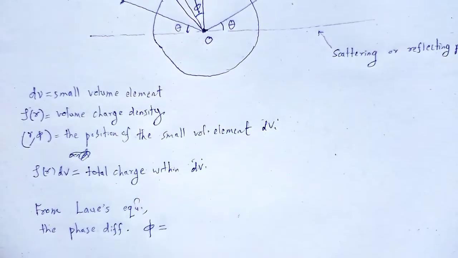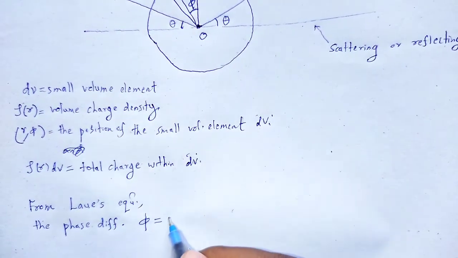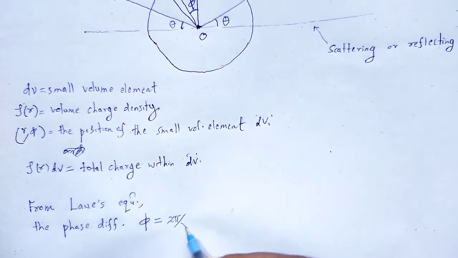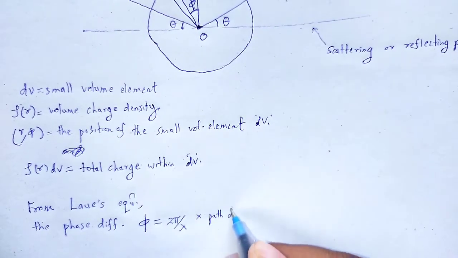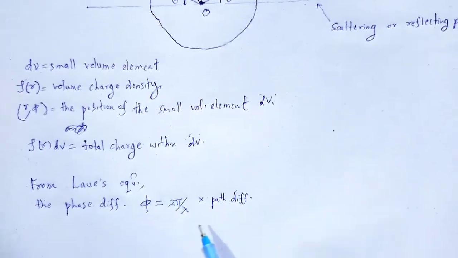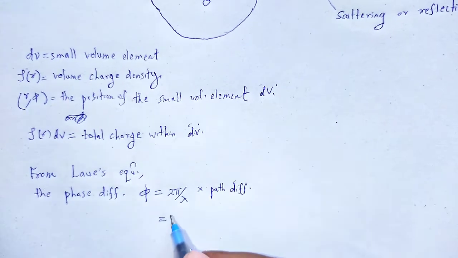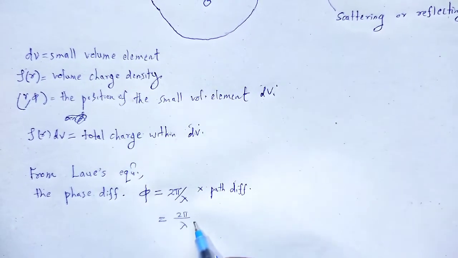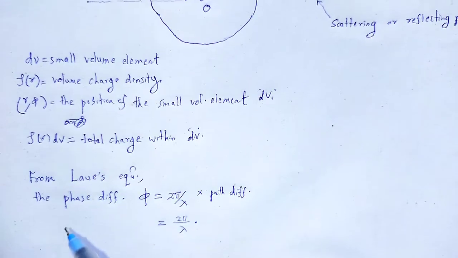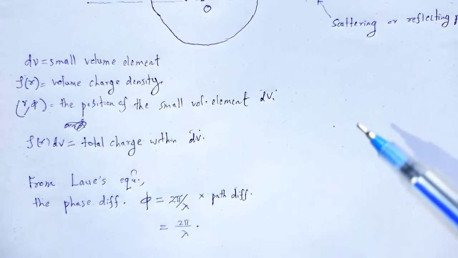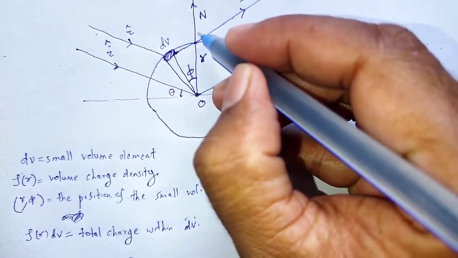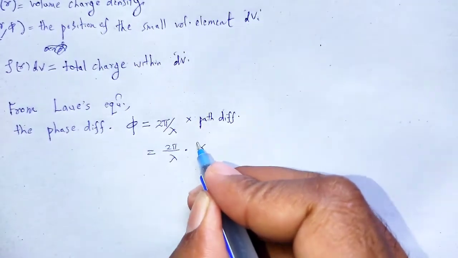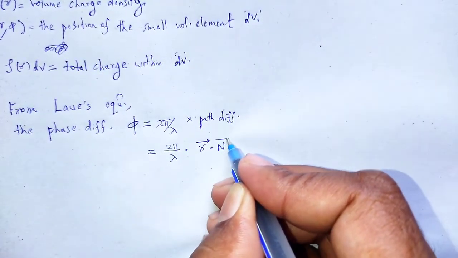The phase difference phi is equal to 2 pi by lambda into the path difference. From Laue's equation, the path difference is equal to r vector dot n vector.